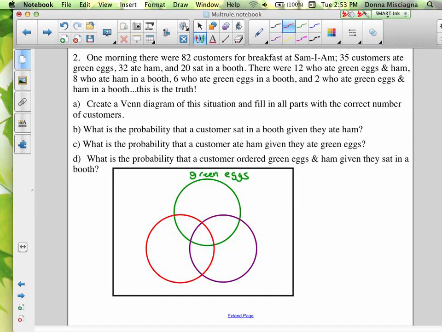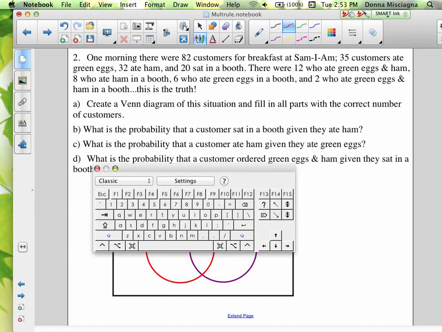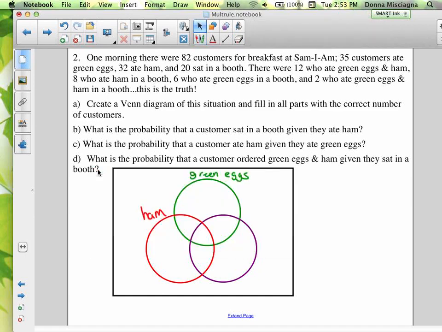We'll make the red one, you ate ham. What? I put hat. Don't eat hats. You ate ham. Oops. This is going to be that kind of recording, is it? And then the purple one will be you sat in a booth.